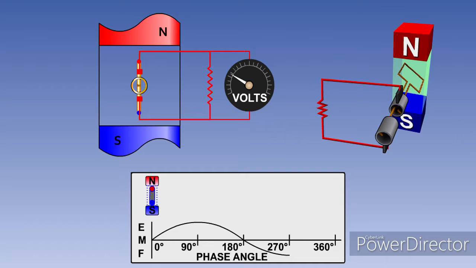As the coil moves around from the 180 degree point, it once again begins cutting through the field lines, but now in the opposite direction, so an increasing EMF is induced with an opposite polarity, until at the 270 degree point, the coil is cutting through the maximum number of flux lines, and the negative EMF is at a maximum. The EMF now begins to fall again until the circle is completed. The coil is again moving parallel to the field, the EMF is 0, and the cycle begins again.